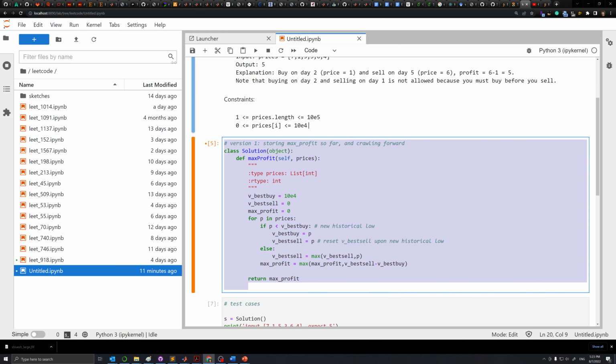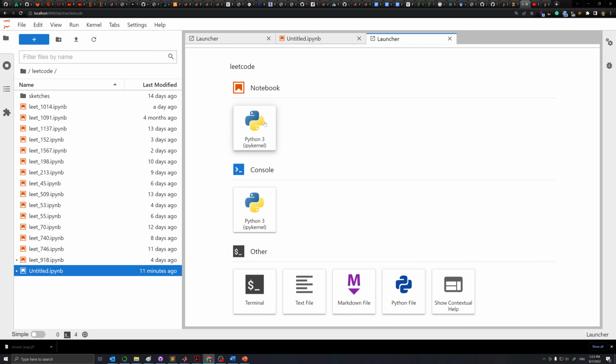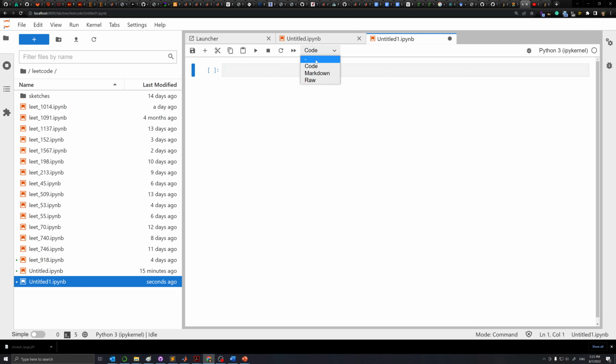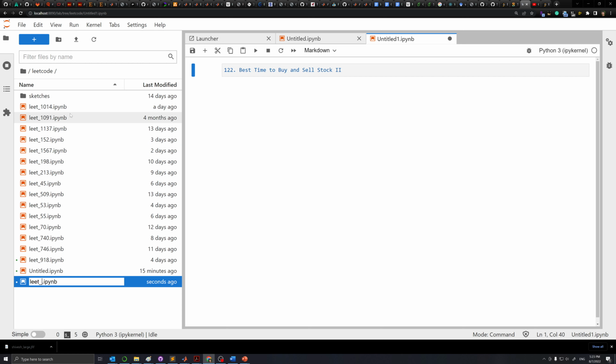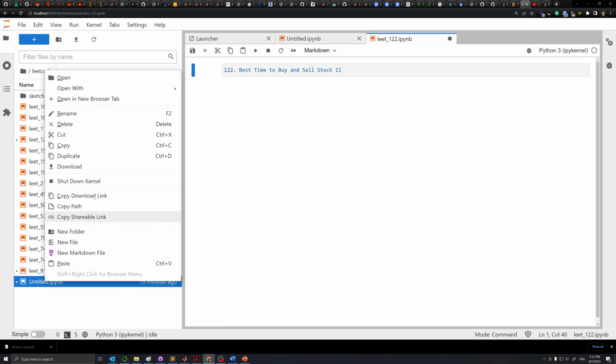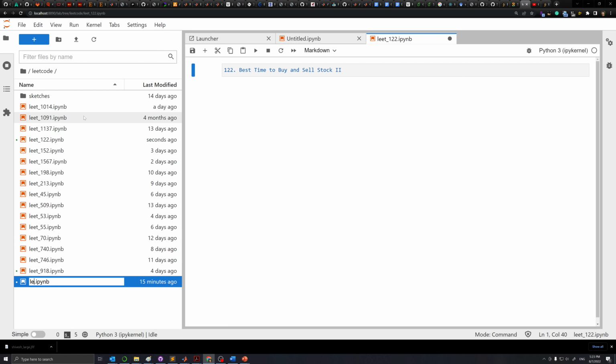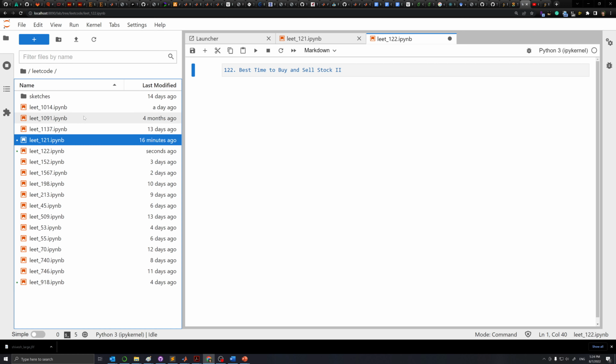So we're just going to directly jump into it. Make a new notebook. Call it LeetCode 122. Let's rename the previous one LeetCode 121, which I knew.